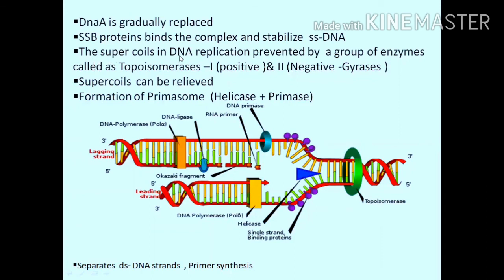The supercoils in DNA replication are prevented by a group of enzymes called topoisomerases. Topoisomerases are of two types, type 1 and type 2. Type 1 prevents the positive supercoiling, and type 2 topoisomerases are generally called gyrases. These gyrases prevent the negative supercoiling of the DNA molecule.